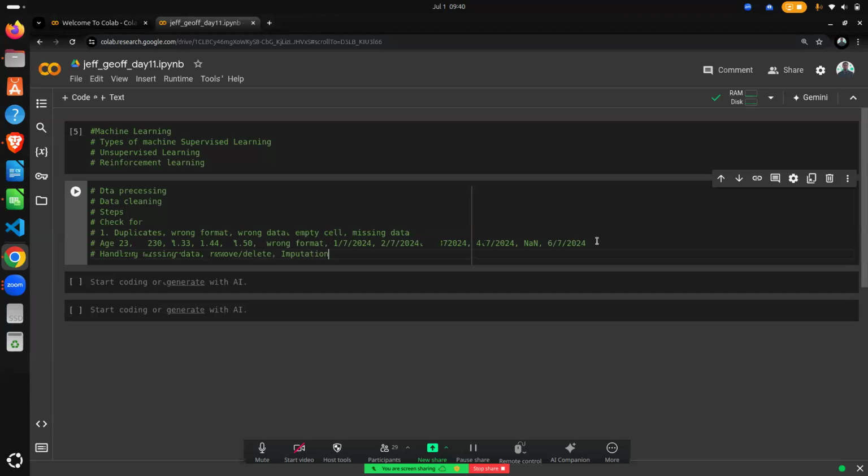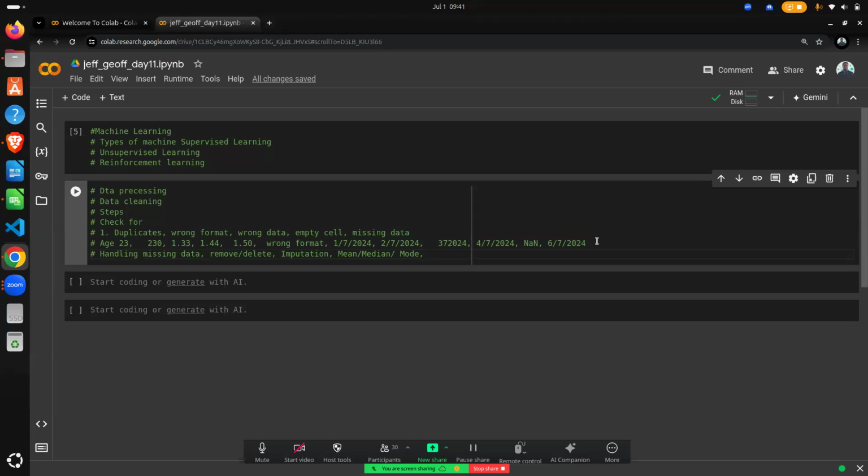Imputation, which is basically what? Mean, median, and mode. You already know that. Now, there's another method which I normally like telling people, which is forward fill and backward filling.